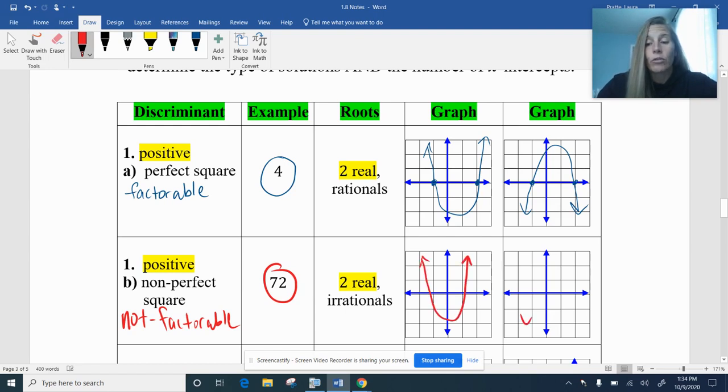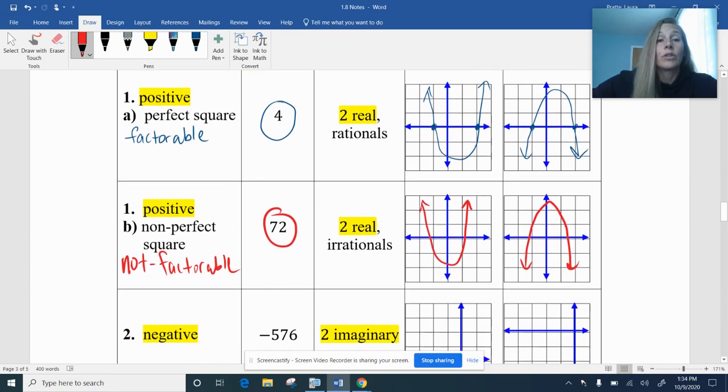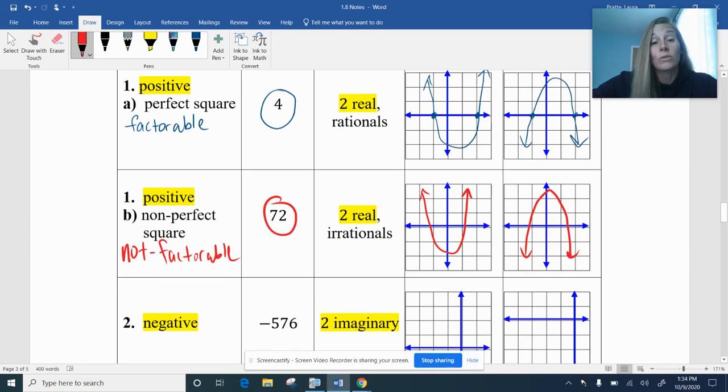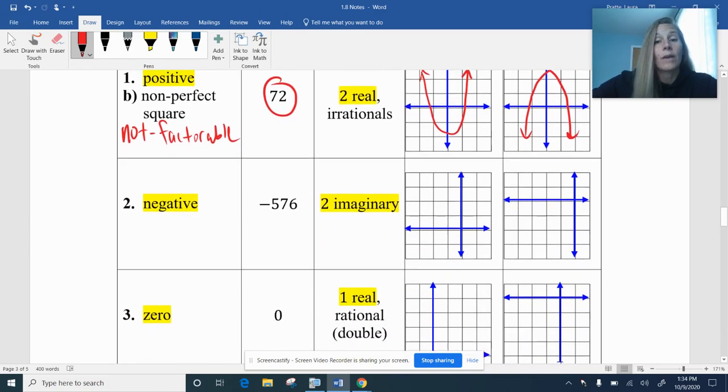It's never going to cross on one of those corners of a box, because that's all your integers or whole numbers. Even where it's crossing between them, it's going to be an irrational number, so it'll definitely be some kind of decimal. Because the square root of a positive number has two solutions, a positive and a negative, that's why we have two x-intercepts on those graphs.